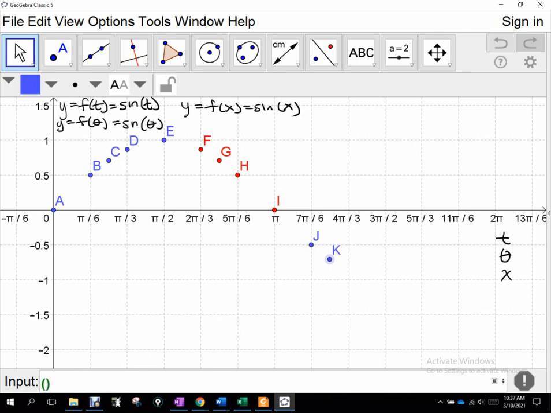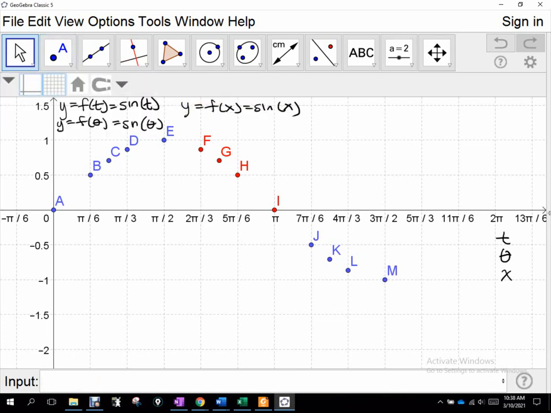And then at 4 pi over 3, same as pi over 3, but negative. And then at 3 pi over 2, we should be at negative 1. And those are the ordered pairs from the third quadrant.